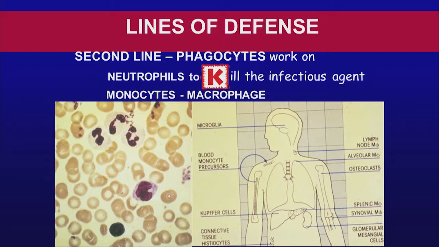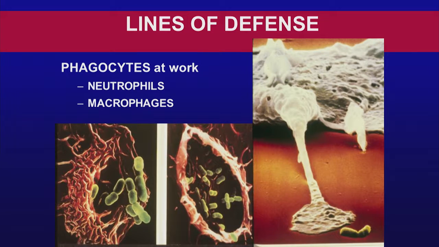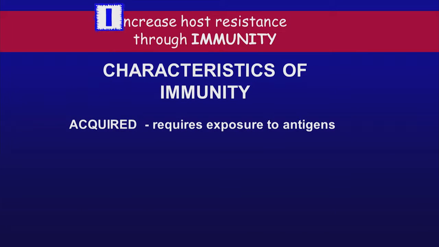These cells actively eat up and kill the invading substances. And here you can see a macrophage reaching out to get a bacterium that's there. Also, you can see the pores of the sweat gland. You can see bacteria located inside there.